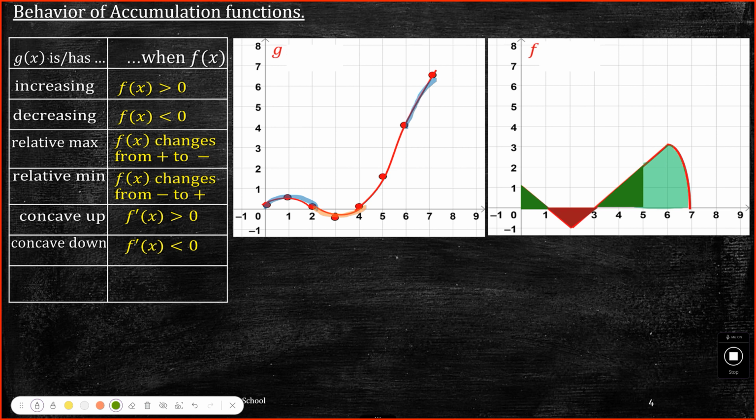So really pay attention to this. When you write free responses, relative max talks about changing signs, and over here it's talking about f prime of x being greater or less than 0. Anyways, let's go with a point of inflection.